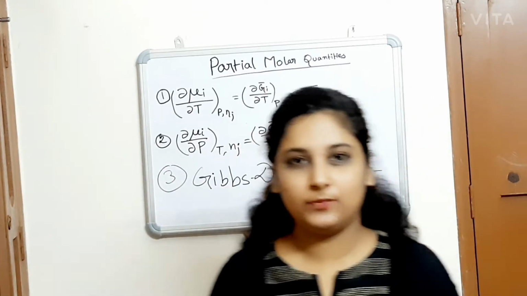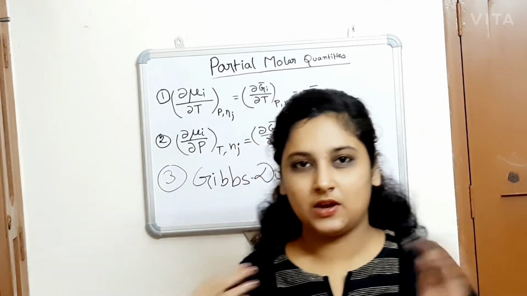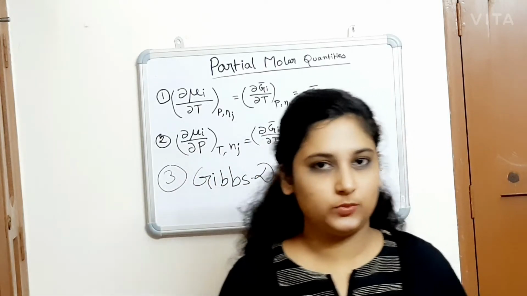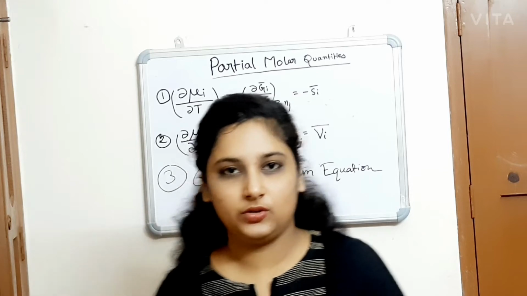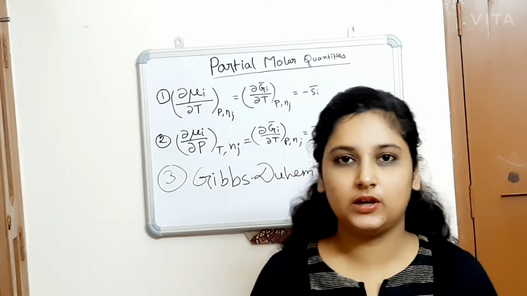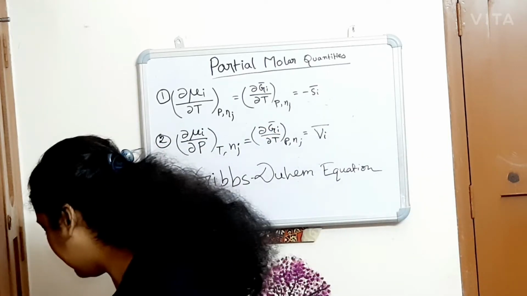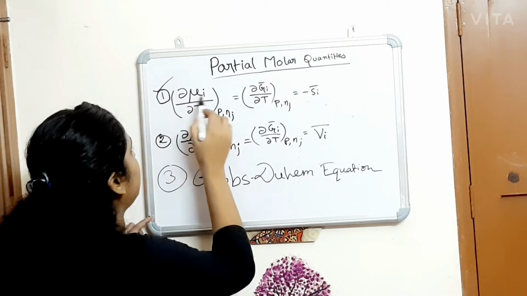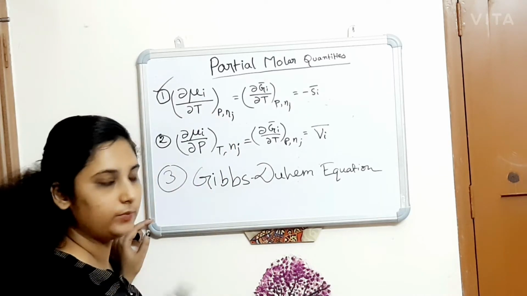From the recap video, you can understand what our previous discussion was, and the discussion was about partial molar quantities. In this video, I will show you some derivations with the help of partial molar quantities. The first derivation is ∂μᵢ/∂T at constant P, nⱼ equal to minus S̄ᵢ, where μᵢ is the chemical potential.